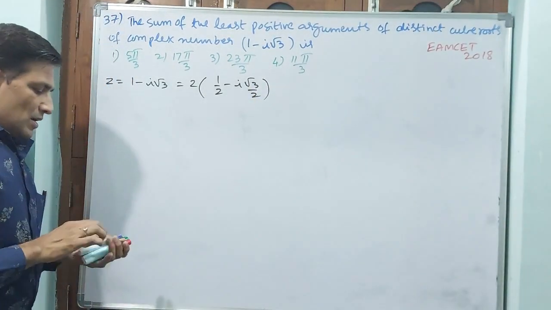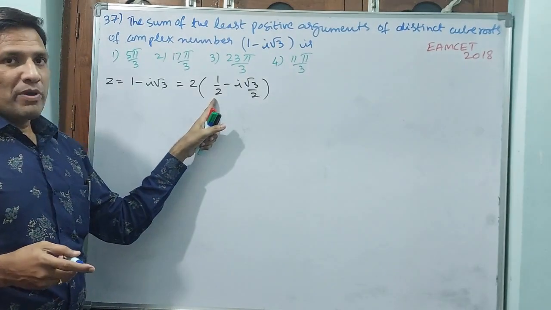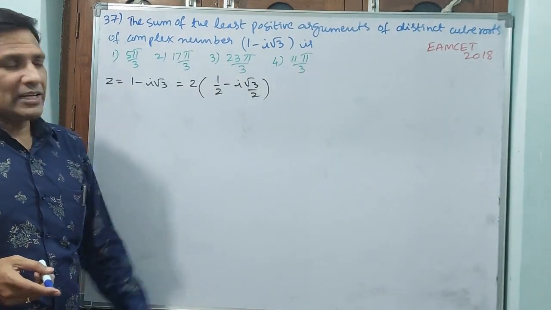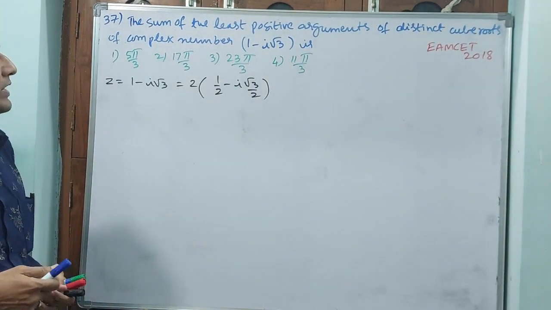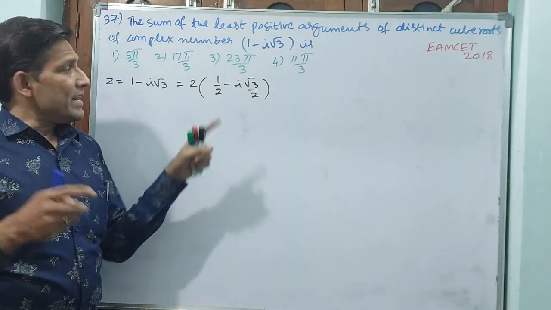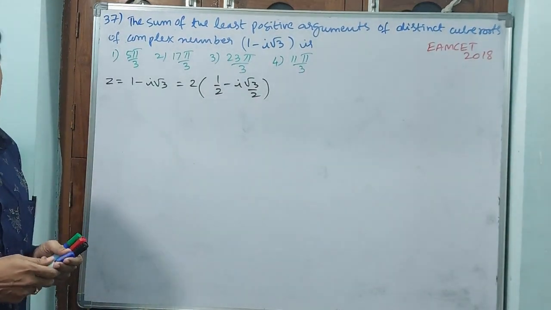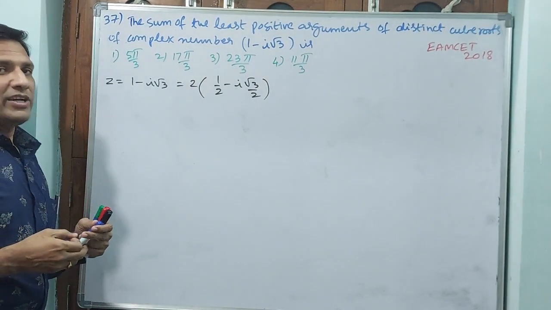Okay. Now, logic is cos should be positive and sin should be negative. This is possible only in fourth quadrant. That means fourth quadrant angle you have to take. And there cos should be 1 by 2. Cos 1 by 2 means 60 degree. That means minus 60. Minus 60 means 360 minus 60, 300 degree.